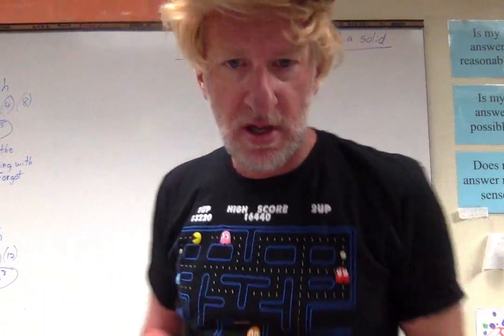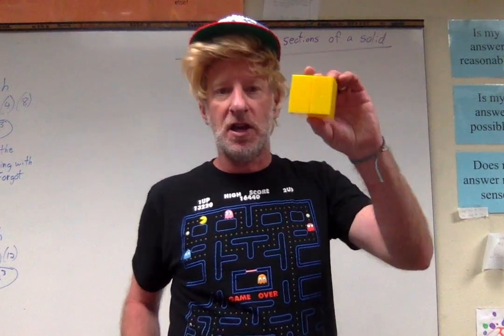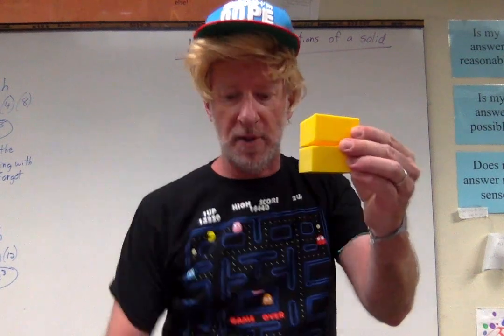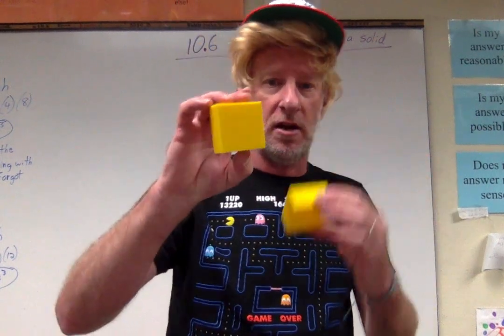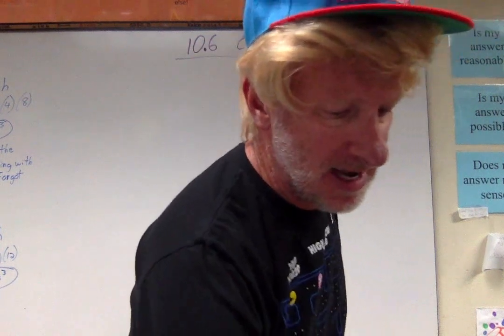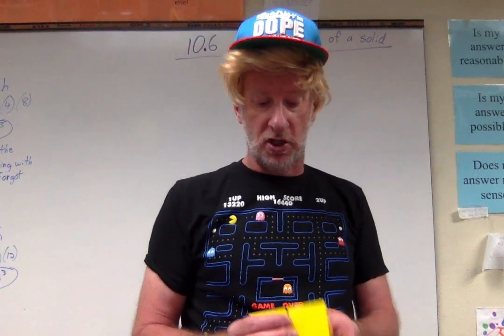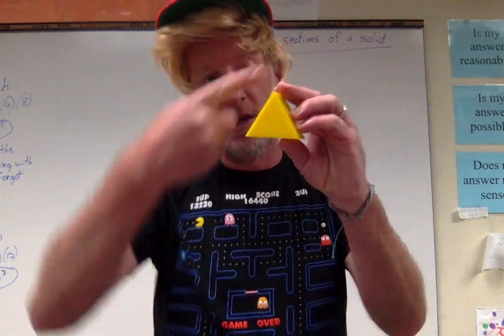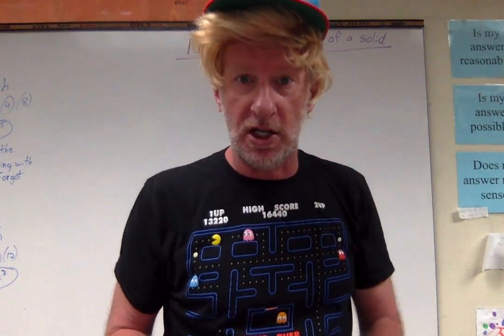Well, imagine if we had a cube, and I took my trusty knife yet again, and I cut that cube in half. What shape would you see there? Well, that certainly looks like a square to me. It doesn't get too much trickier. Imagine you're looking at a triangular prism. You cut that baby in half, you're going to get a triangle, aren't you, everybody?